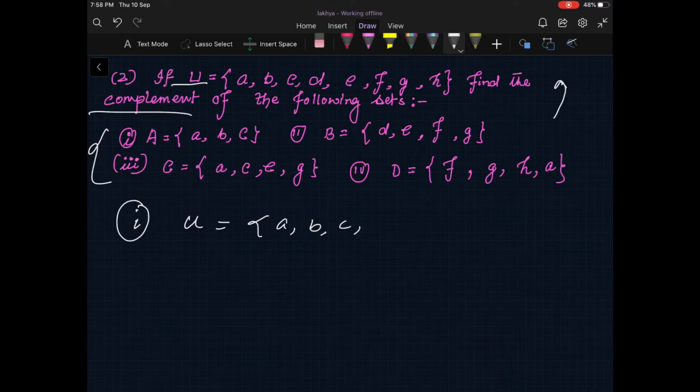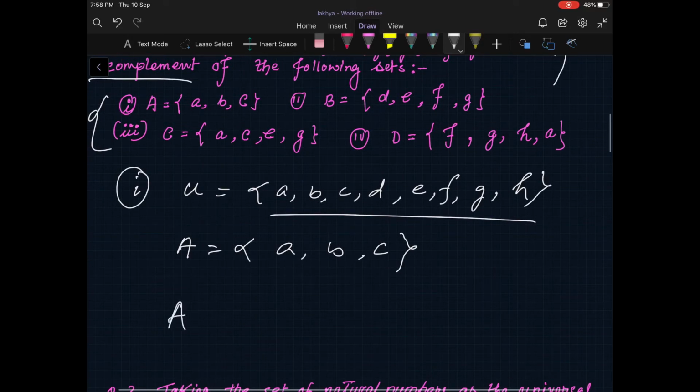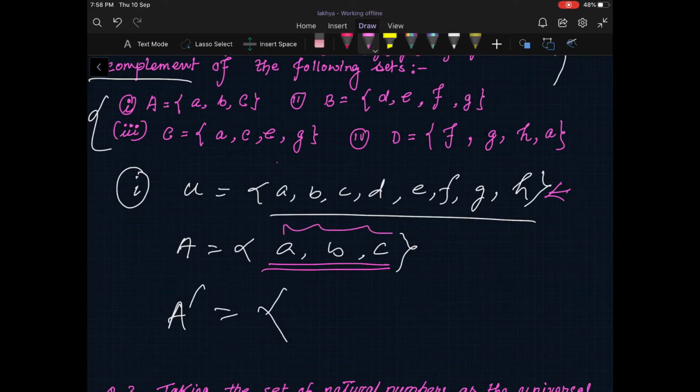The universal set is A, B, C, D, E, F, G and H. These are the elements in the universal set, and set A contains A, B and C. So how do we find the complement of set A? It's very simple. Just eliminate those elements which are present in set A from the universal set.